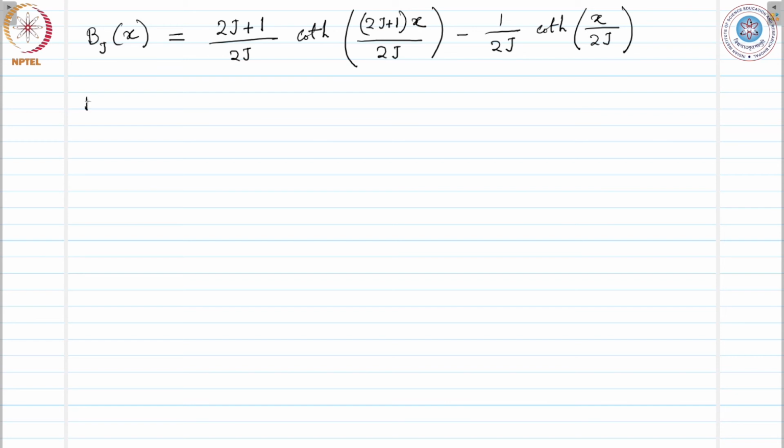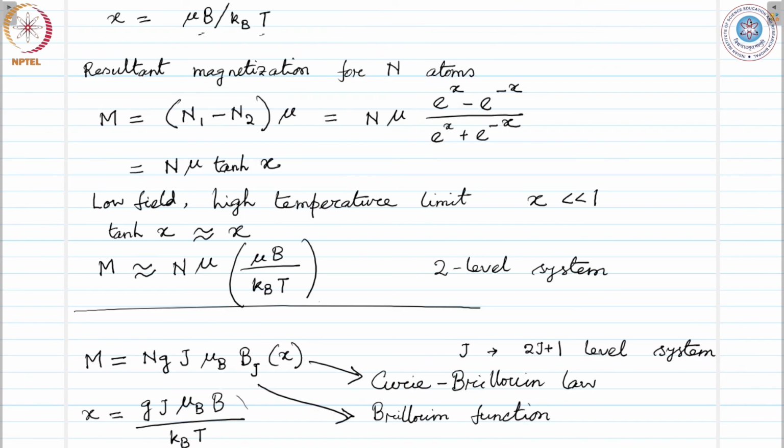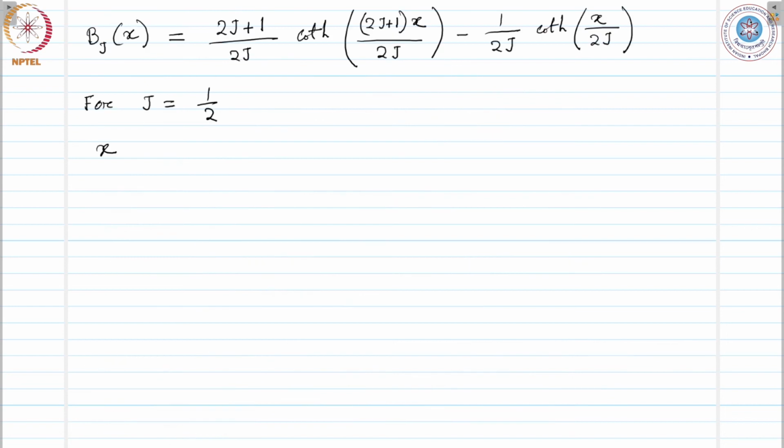Now, if we consider J equals half, then x, as we expressed x here, with g equals 2, that will cancel, mu B over kB T will be left. X equals mu B times B over kB T. This is much less than 1 for high temperature and low magnetic field.